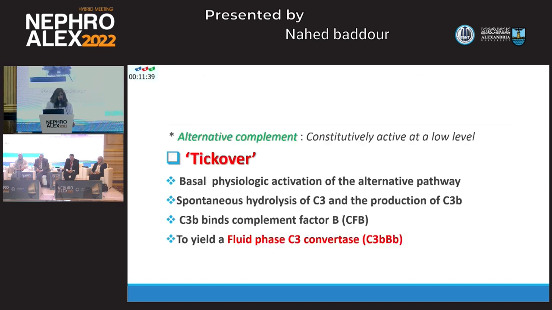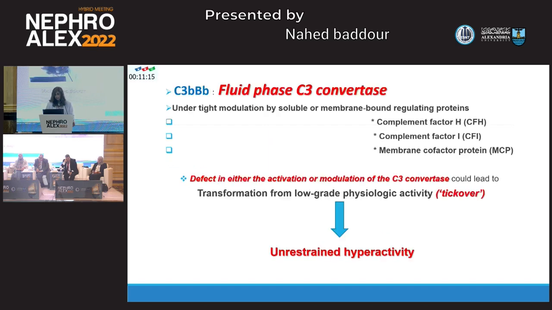Now, the alternate complement pathway is constitutively active at a lower level, and this is called tickover.